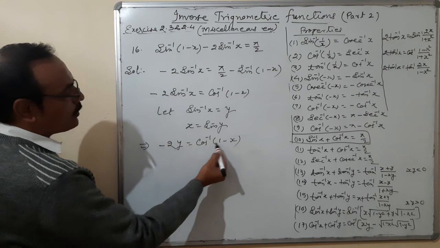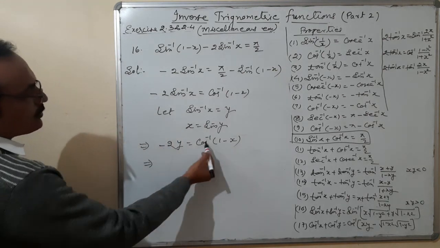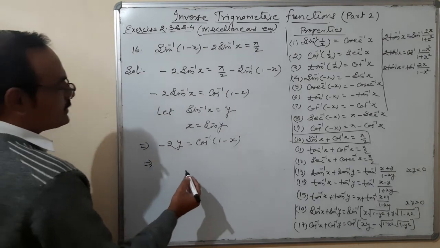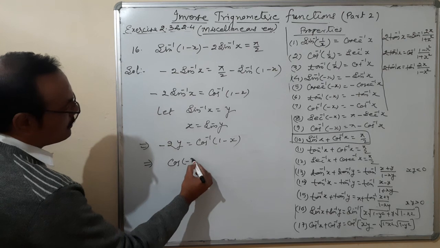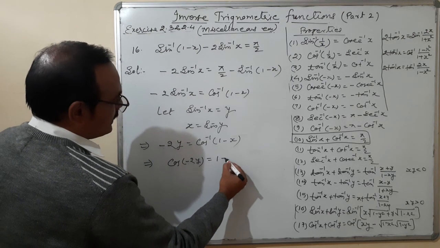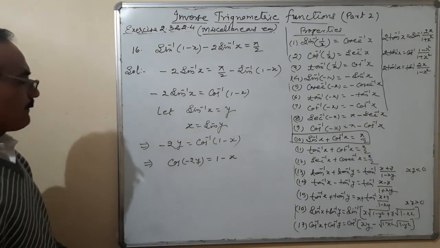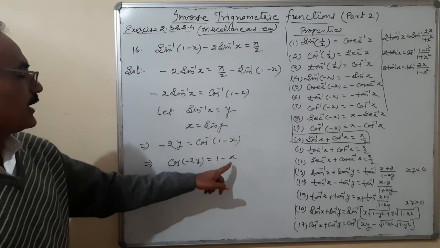Minus 2y equals cos inverse, so if I shift this cos inverse to that side, it is coming cos of minus 2y is equal to 1 minus x.